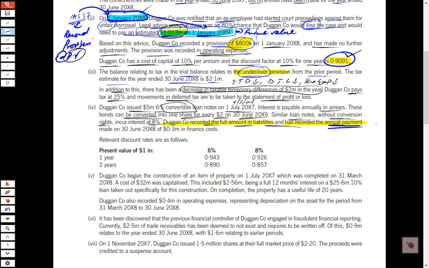So simply, as per prudence, as per accrual or matching concept, any expense should be recorded on accrual basis, not on the payment basis. By the way, what they have done, they have recorded the annual payment of interest expense. They recorded interest expense to the extent of the payment made, whereas the interest expense should be recorded on accrual basis, not on the payment basis.